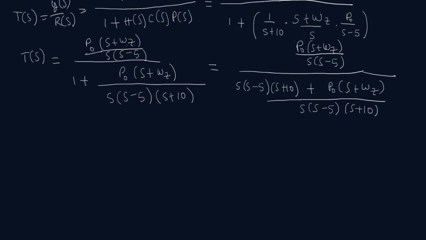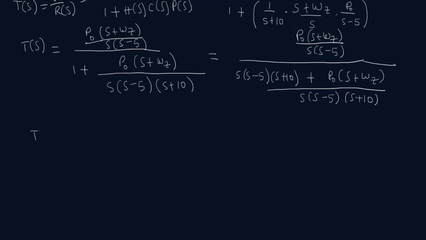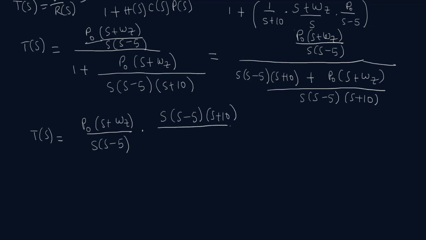Okay, so T(s) is now P0 (s plus wz) over (s minus 5), times (s minus 5)(s plus 10), over (s minus 5)(s plus 10) plus P0 (s plus wz), wz or omega z, whatever.